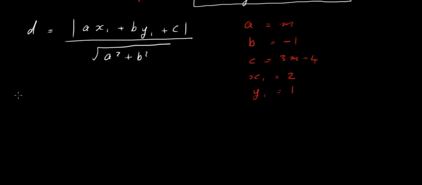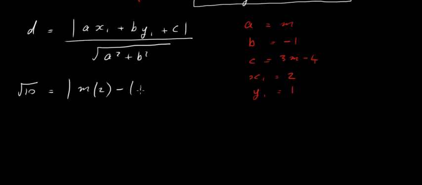Okay, so d here is root 10, so we'll put that in on the left hand side. So let's say root 10 on this side. Okay, so we want a then, so that's going to be m times x1, which is 2. Now we want plus b, which is minus 1, times y1.